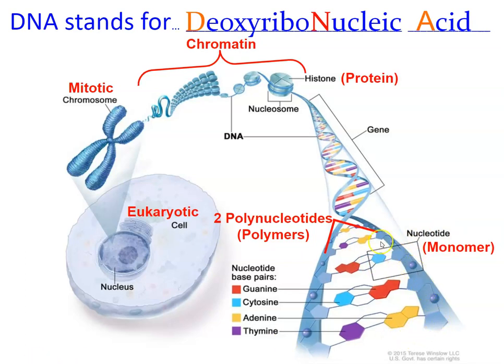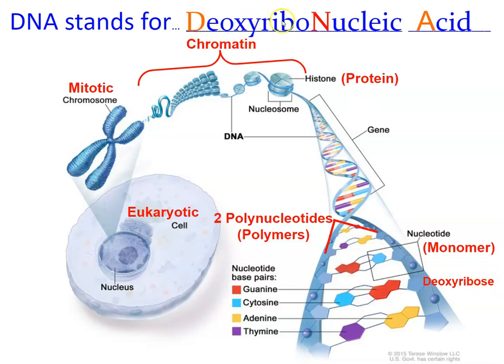If we use that ladder analogy, along the rails of the ladder, which is also referred to as the backbone of a polynucleotide, we see that there are alternating sugar, phosphate, sugar, phosphate, sugar, phosphate molecules. That's the same in all DNA molecules. That doesn't change. The sugar is deoxyribose.